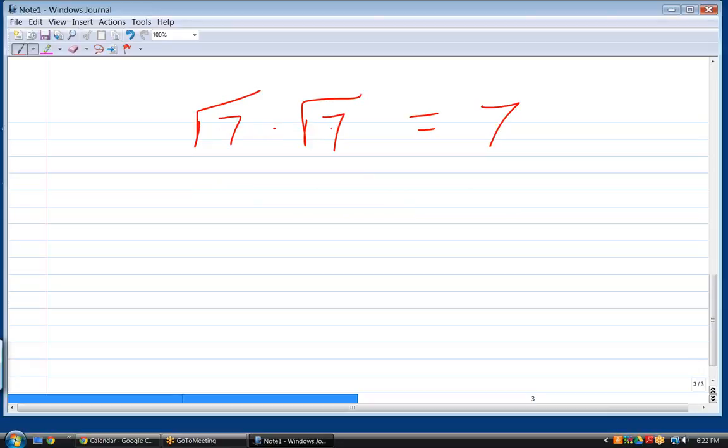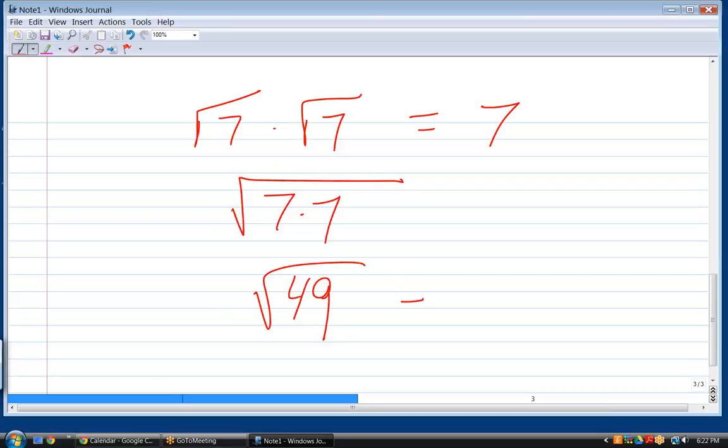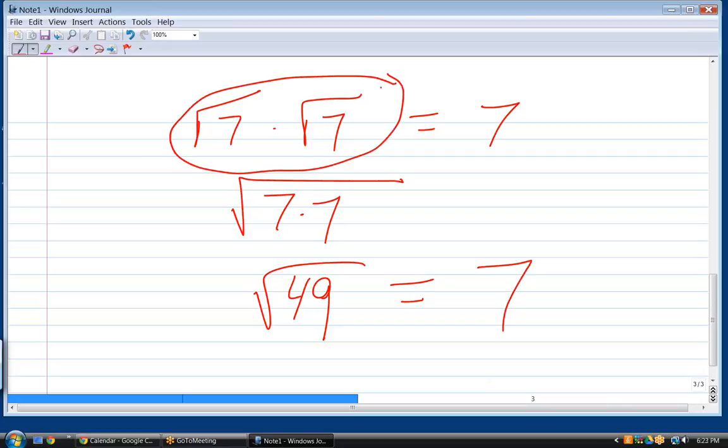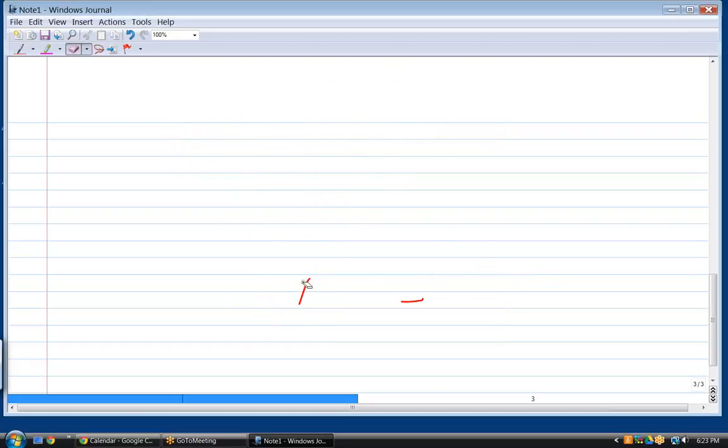The square root of 7 times the square root of 7 is the same as the square root of 7 times 7, which is the same as the square root of 49, which is 7. In other words, this goes both ways. If I have the square root of something times the square root of something else, I can multiply those two numbers together and just put them both under the radical sign. It's the square root of 2 times the square root of 5.